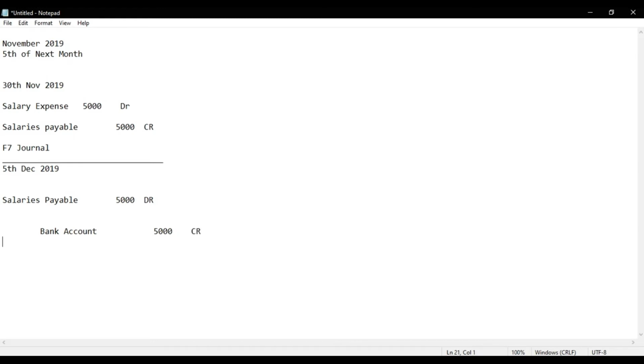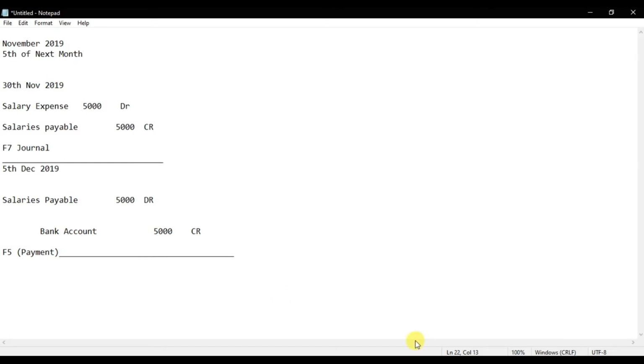Clear? So this entry you need to record from where? Now you are paying the salary, you're doing payment, so that is through F5, payment. That is our payment voucher, F5, because now you are doing the payment. Clear?